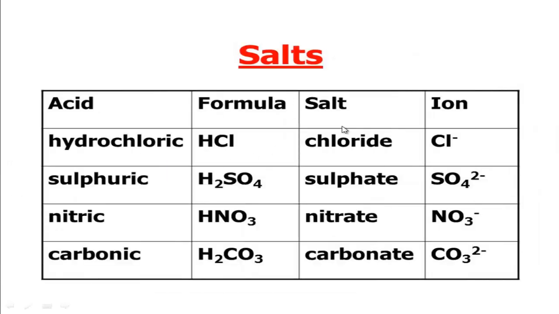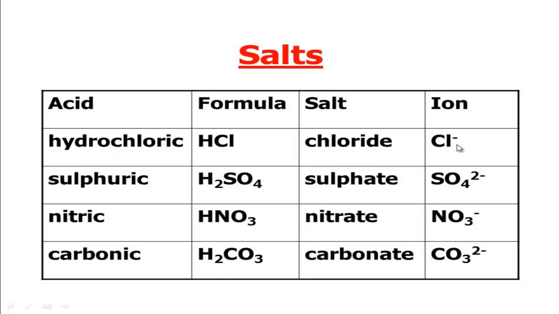Also we can categorize the salts using the anion parts, on the basis of anion parts or on the basis of acid used to produce this salt. For example, if hydrochloric acid is used to produce salt, then that salt will be chloride salt.